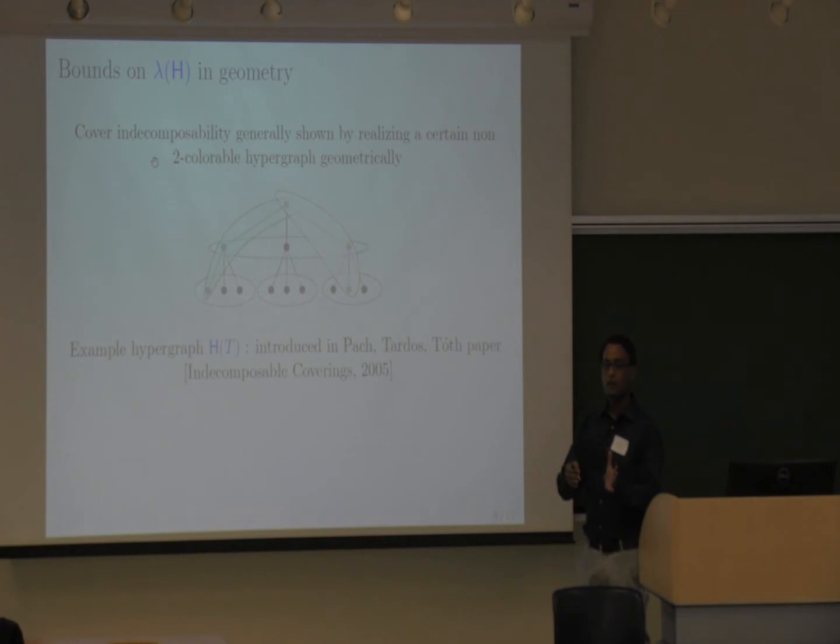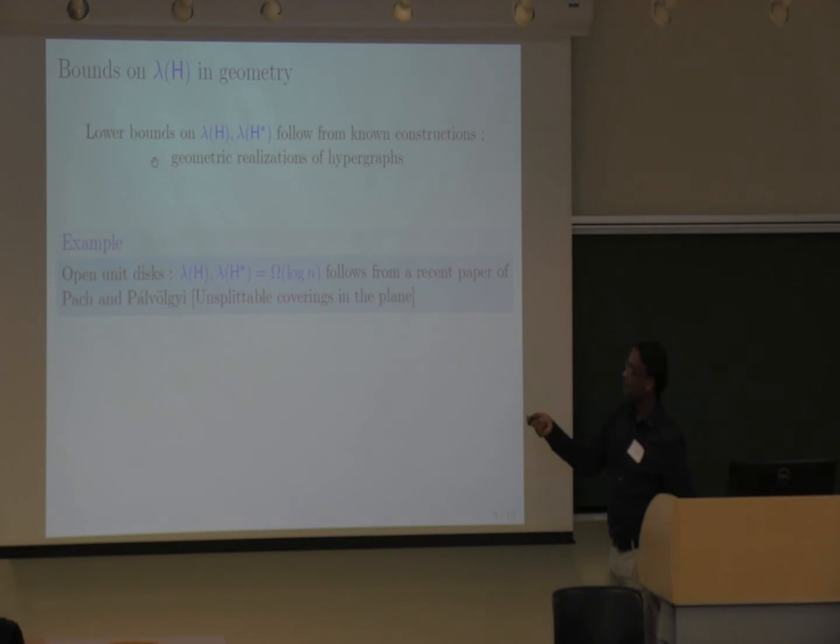For their purposes, they only wanted to prove that lambda H is not a constant. They achieved it through other means. However, they left this question undecided whether this hypergraph could be realized. And in this paper, we show that indeed it cannot be realized. And I also suspect that the other hypergraph that Pálvölgyi used also cannot be realized, but it is not something that we have been able to show.